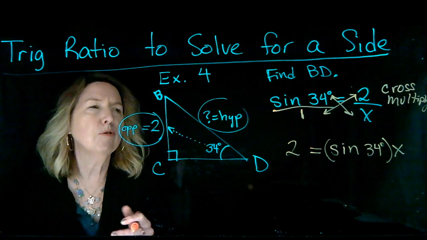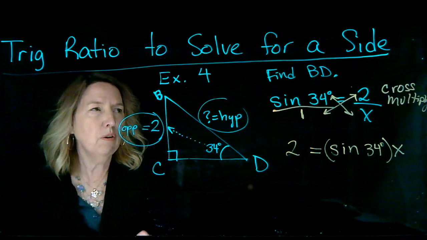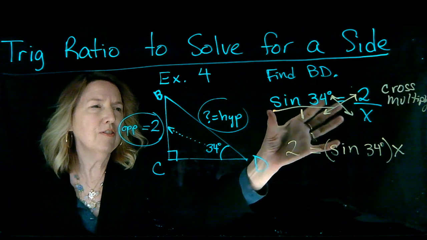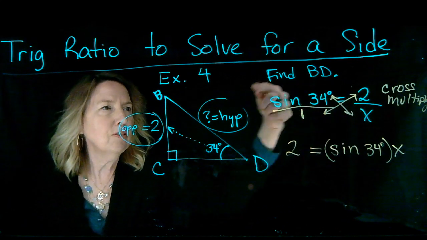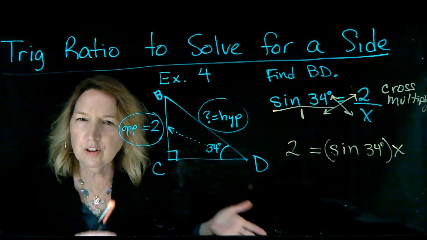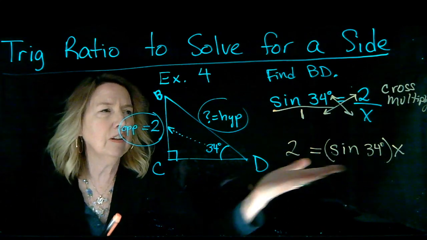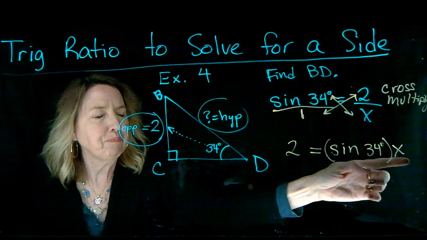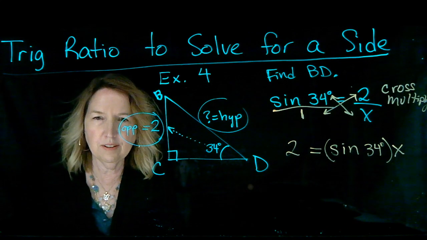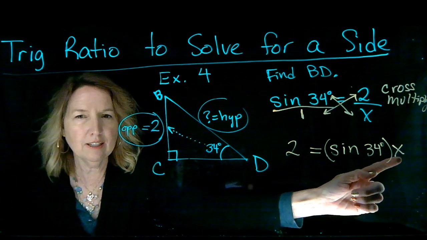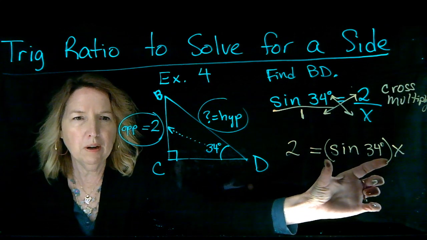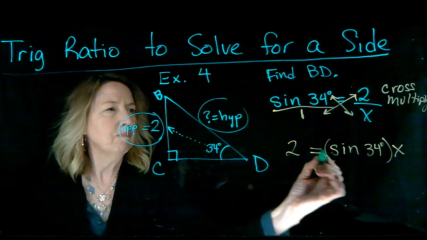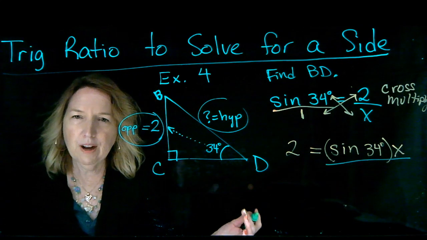All you're doing is rewriting. Don't overthink it. You've got these two fractions, and if you cross multiply, there's no longer a fraction there. Now it's a linear looking equation, and we can proceed with very easy algebra. In other words, trying to get x by itself, well, it has something multiplying by it, so I would divide. What would I divide by?